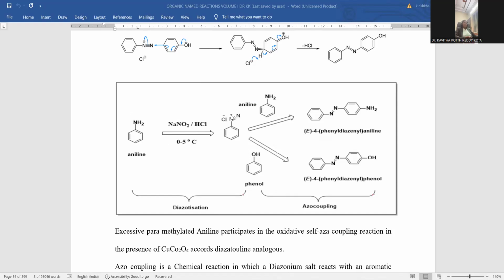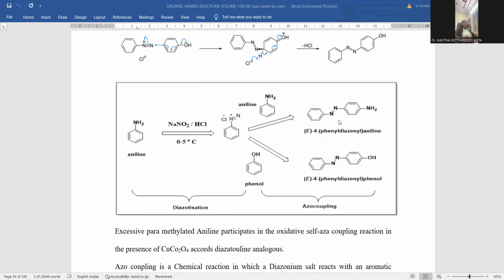Later on, benzene diazonium chloride is to be reacted. That is called the coupling reaction, with either aniline or phenol. Either compound you can treat, as both are activated compounds only. And the para position is suitable for the coupling with diazonium salt, so that the compound generated in between is called a diphenyl azo compound.